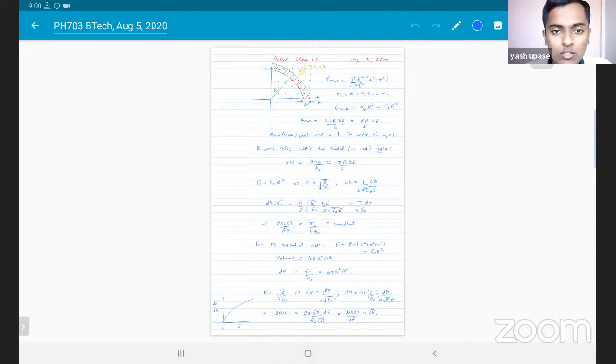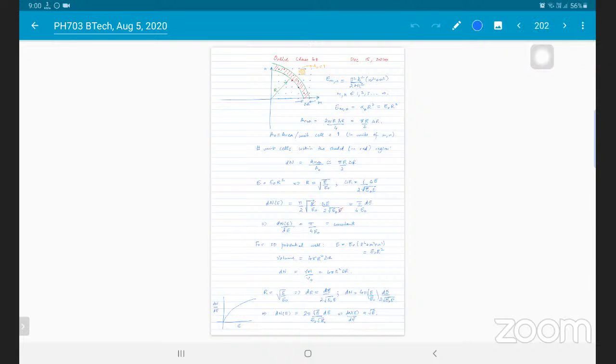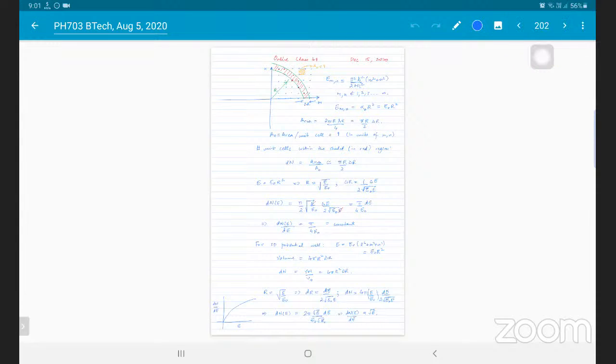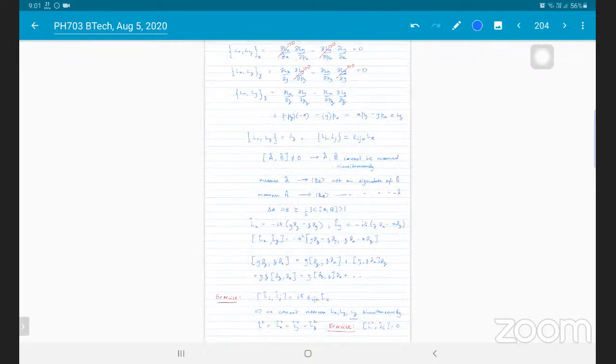Sir, the picture we have shown on the last page, it is for a single particle, right?